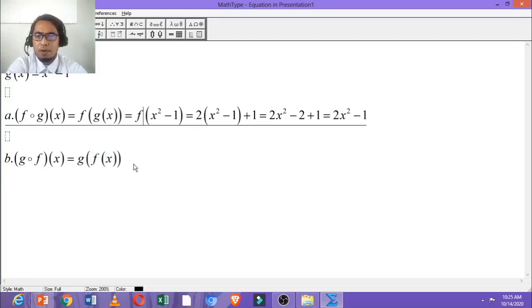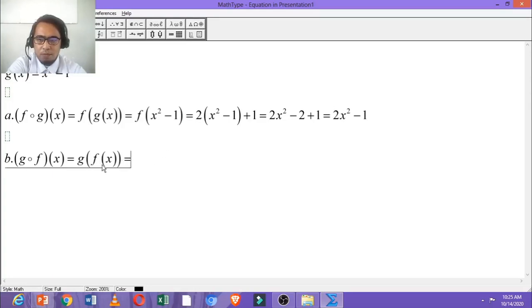It means the inner function here is f of x and the outer function is the g of x. Now, since we started from inside, f of x from the given is 2x plus 1. So you will now have g of 2x plus 1. Since our f of x is 2x plus 1, we merely substitute the given for f of x. Then after that, we will perform this one under the function g of x.